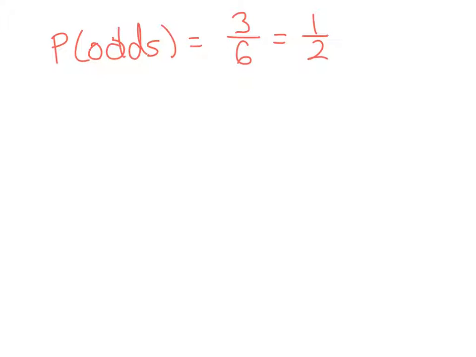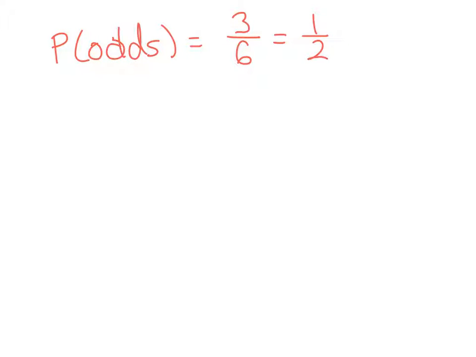Going along with that same example with the die, what if we said, what's the probability of rolling odds with a single die? In that case, there are 3 numbers on a die, 1, 3, and 5, that are odds. So there are 3 favorable outcomes compared to the 6 total. And then we would simplify and get 1/2.